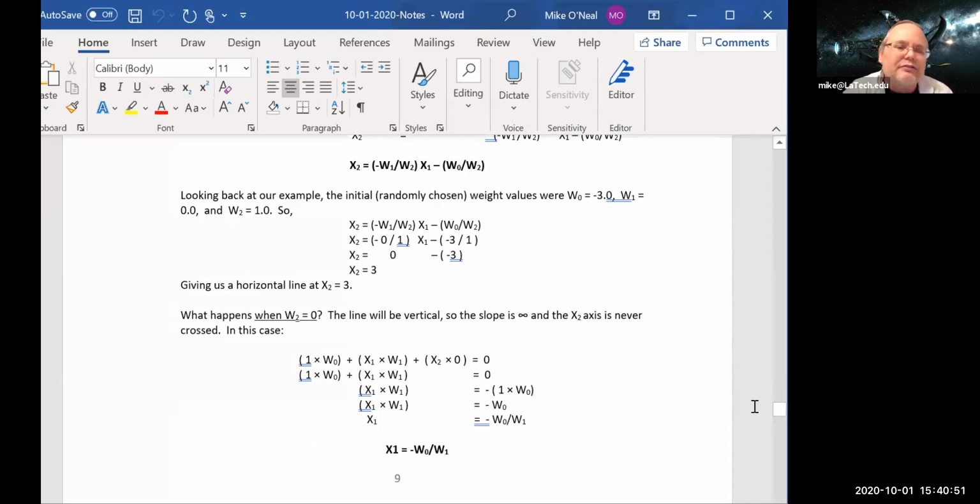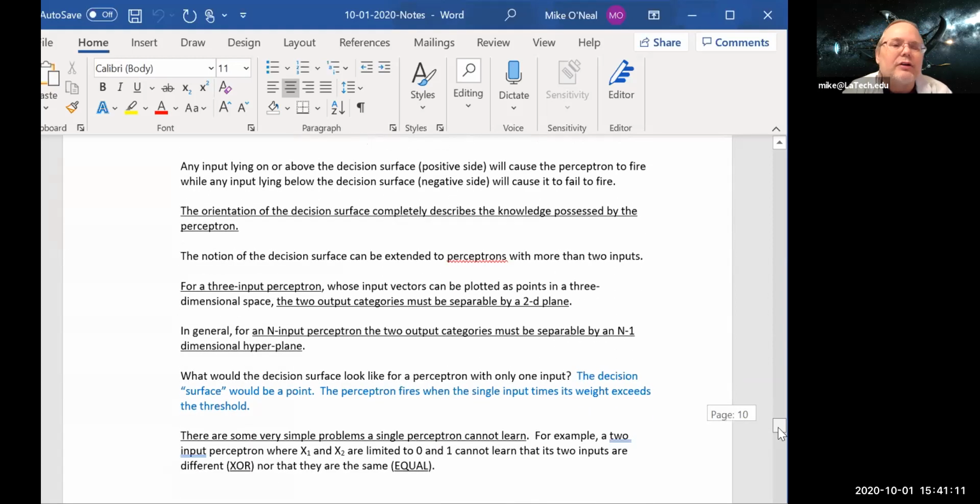So if w2 is 0, if you do the math, you'll see that the line would simply be vertical in that case. Okay.